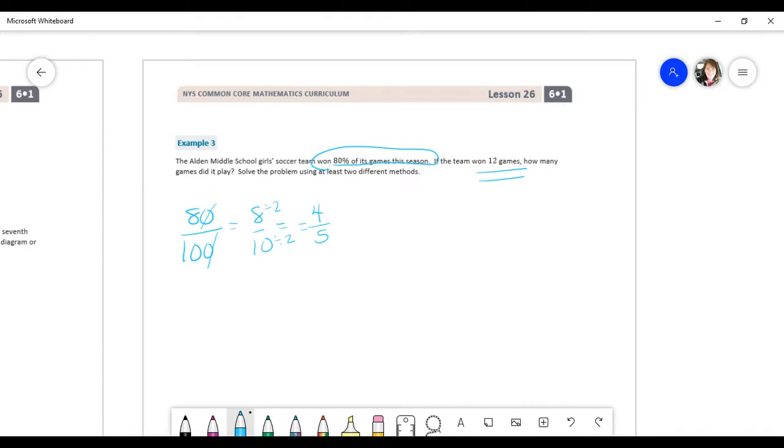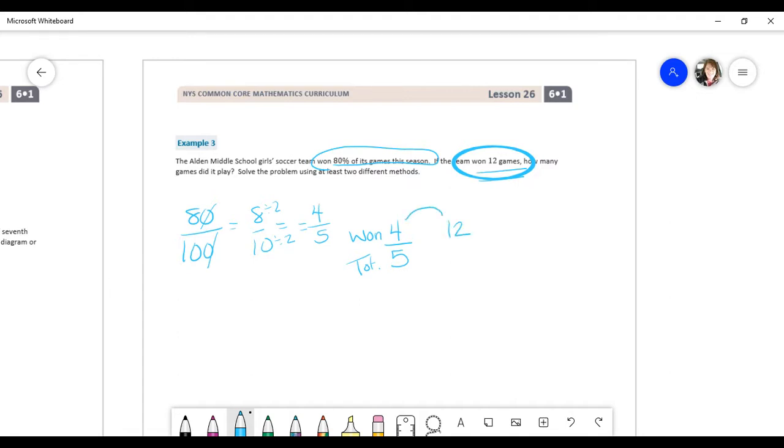So 4/5 is the amount I won, and I know that is equal to 12 games. So if I write, I have 4 out of every 5 games, these are I won, and this one would be out of total. Well, I know that 12 is what I won.